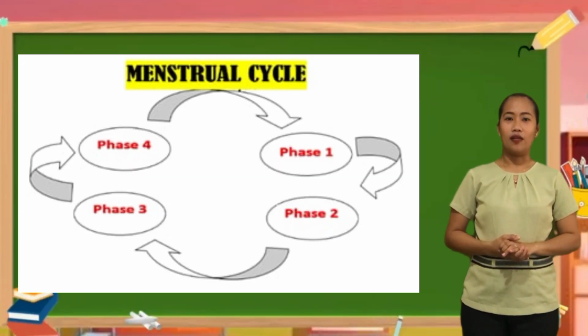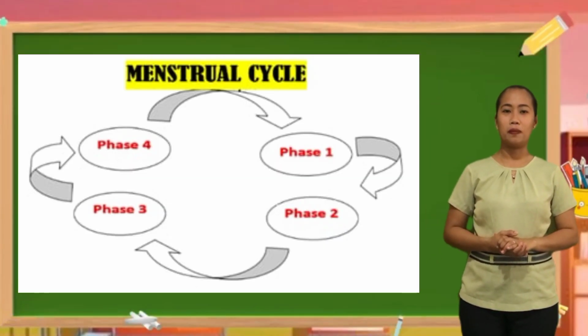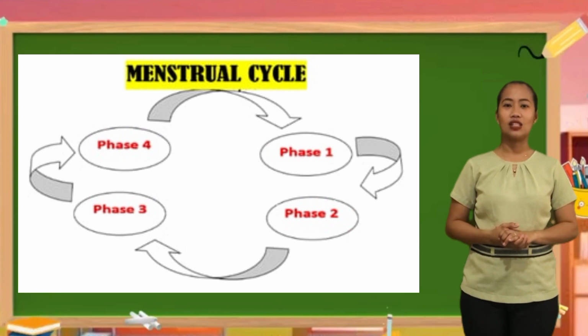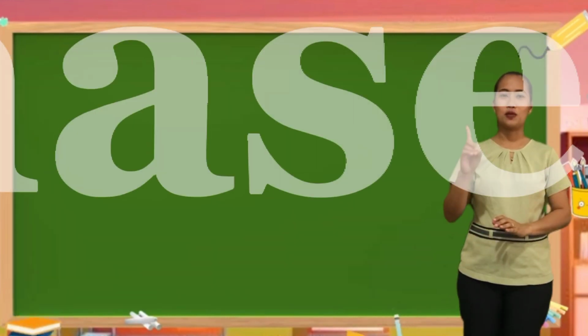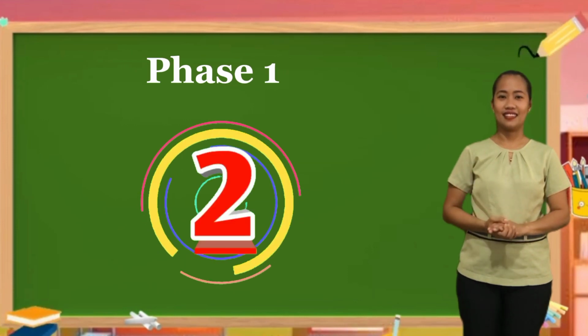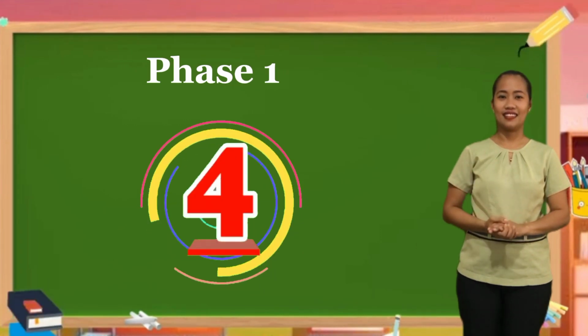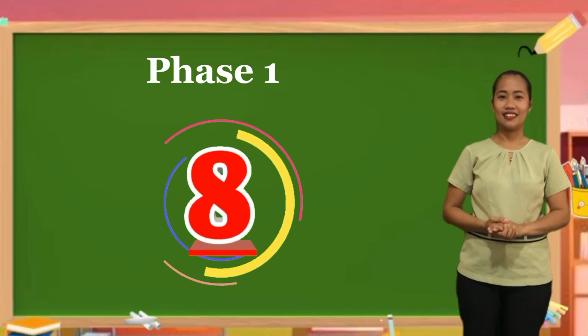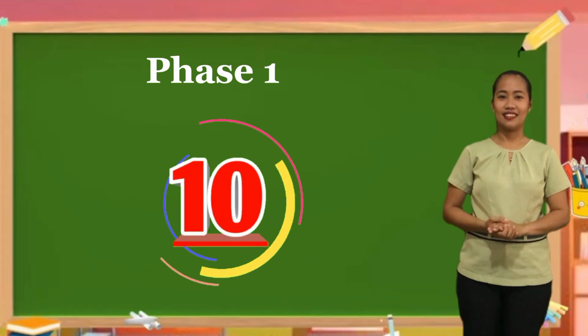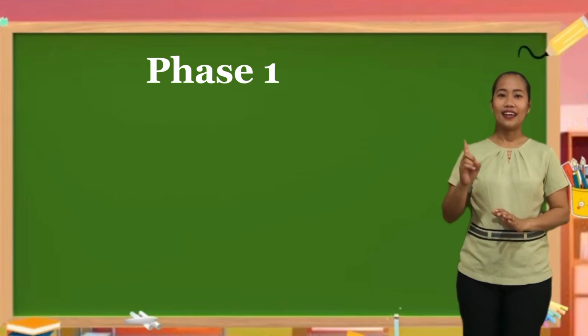At this point, to gauge further how much you have gained from this episode, let us complete the flowchart. Write your answer on a sheet of paper. You have 10 seconds to answer each phase. Phase 1. Correct!